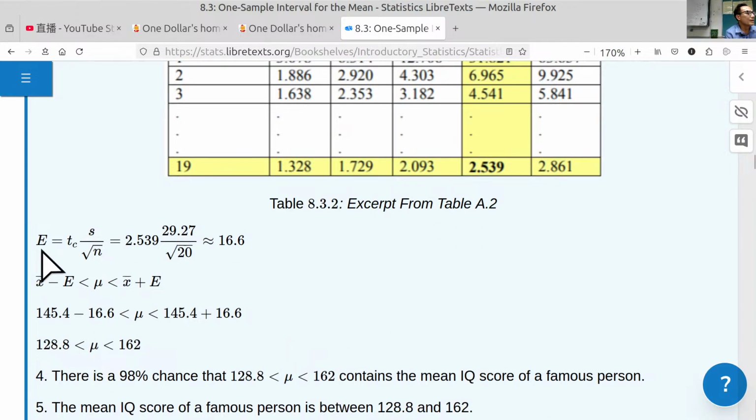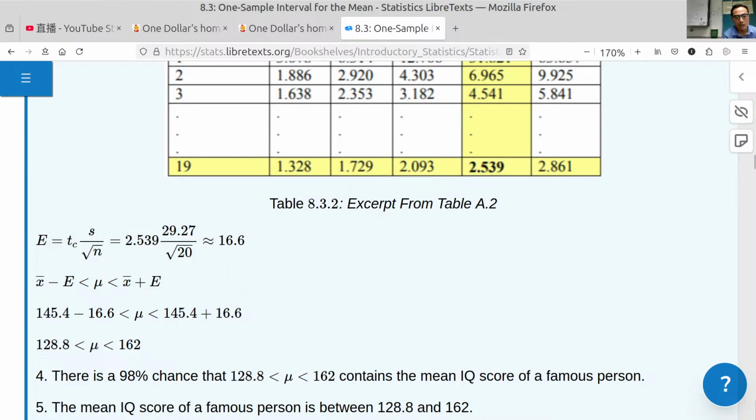E is equal to tc times s, the sample standard deviation, divided by the square root of n. That is 2.539 times 29.27 divided by the square root of 20.